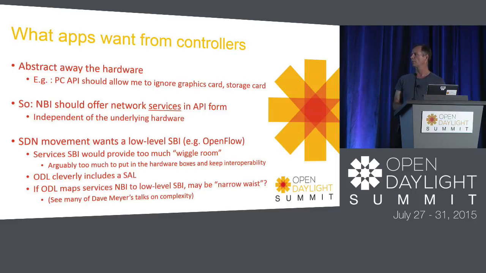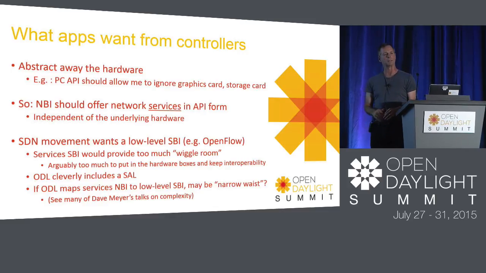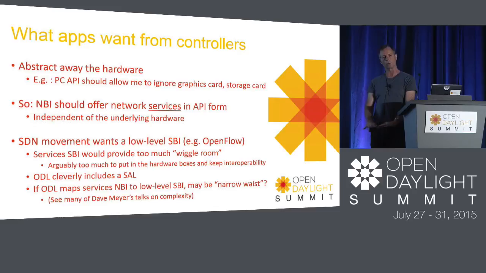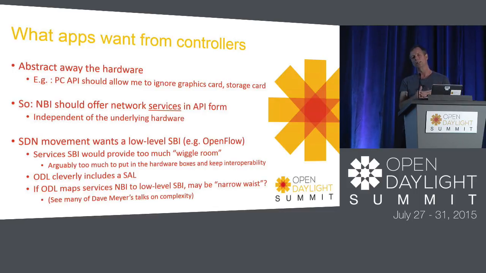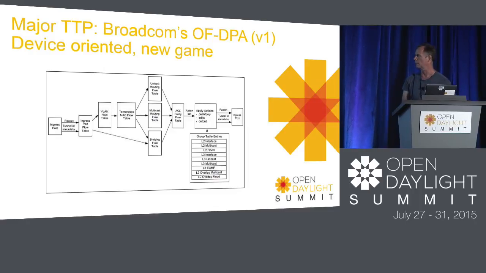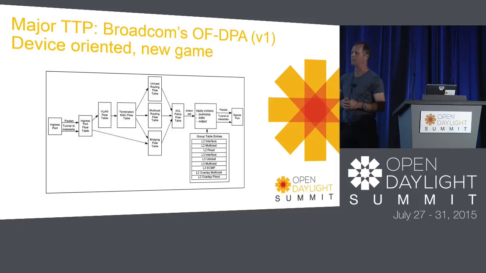And the software-defined network movement wants a low-level southbound interface, so we want OpenFlow in order to manipulate the specifics of hardware devices, but then we want to abstract that away when we get up to the services abstraction layer. TTPs are the mechanism for doing that, and we'll share more on that going on. So here's a graphical picture of a major TTP.